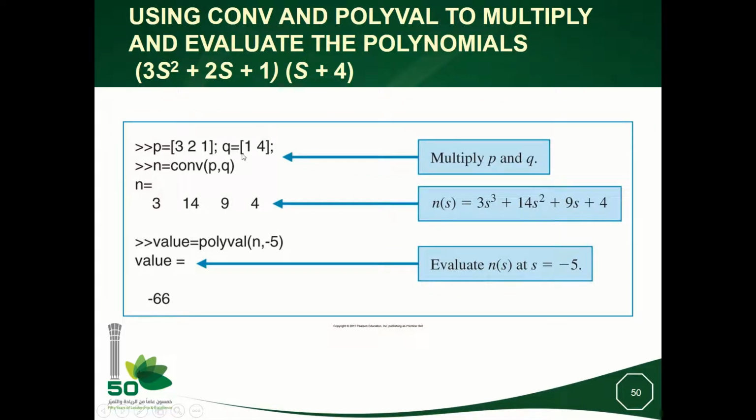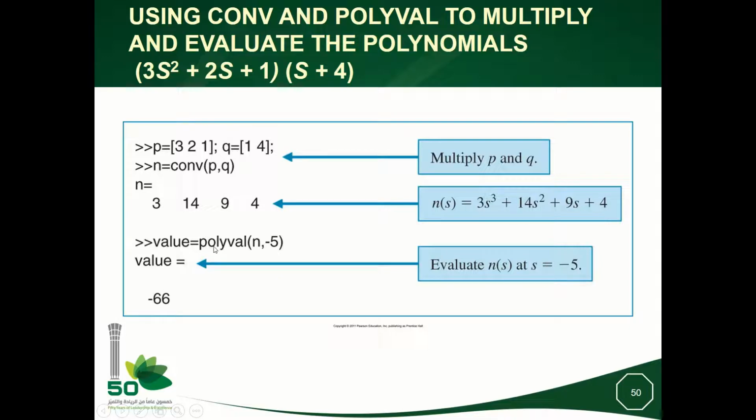We can multiply, or make a convolution of, two polynomials in s. For example, if I would like to multiply 2 polynomials, I will construct them first as vectors, and then I will follow these instructions by conv of p, q, where p and q are polynomials in s. So if you multiply and expand this, you will get n(s) equal to this, which is the product of these times this.